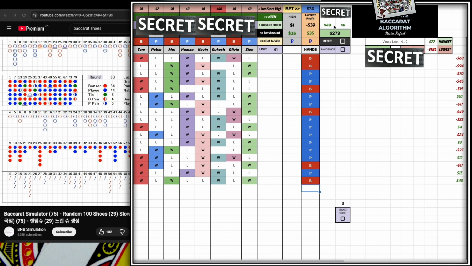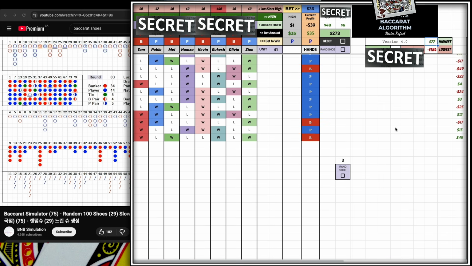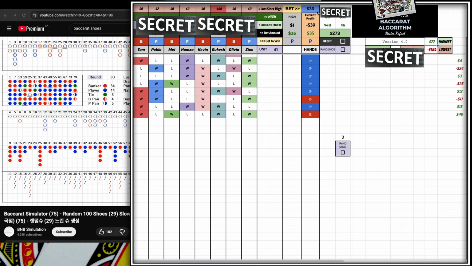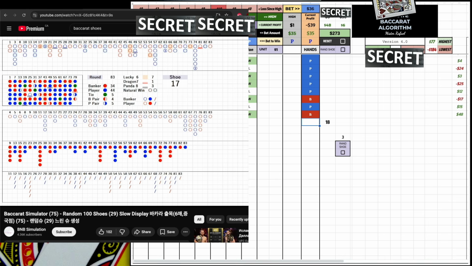Currently sitting at plus $48. We got up to $77. All right, next bet would be $36 on player. So we're going to have to go into a third shoe again. So I know I said on occasion this happens, but I believe the last 3 sessions we have gone into a third shoe. All right, so shoe 18 is next.